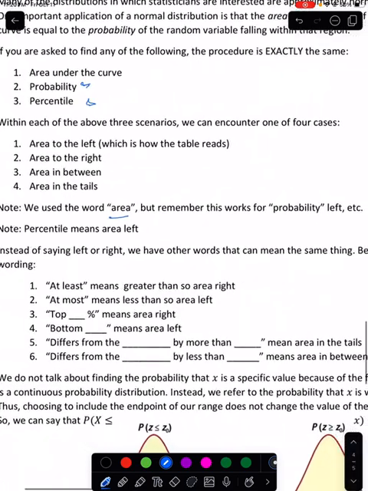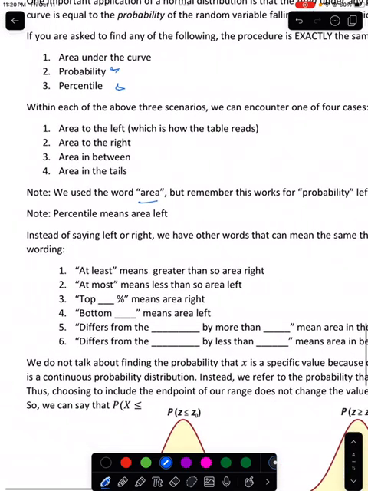Now, if it says top C%, some percentage, it means we have to look for area to the right, like we did in our example one from the beginning of this chapter. Bottom C% will mean area to the left.